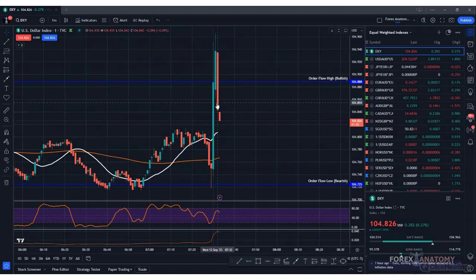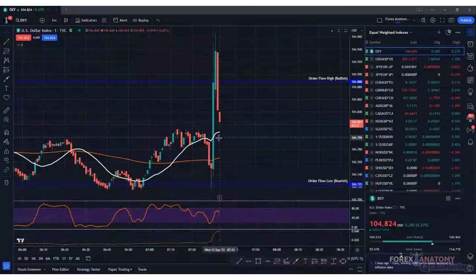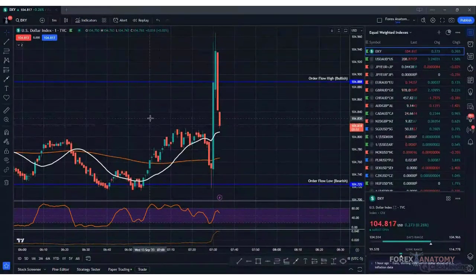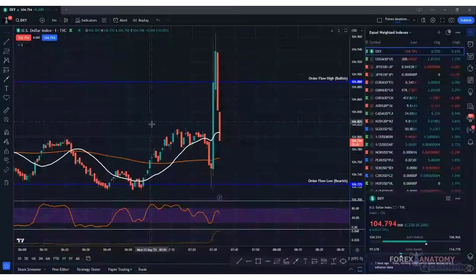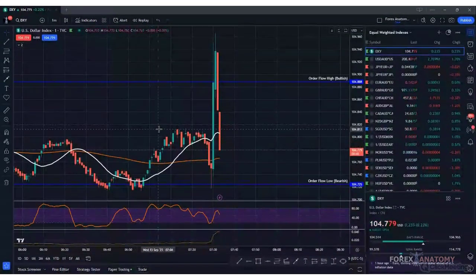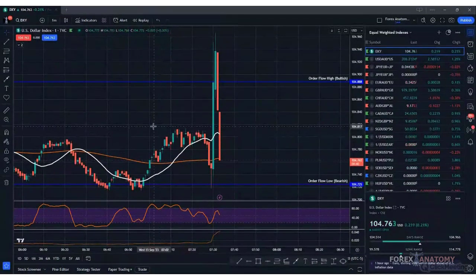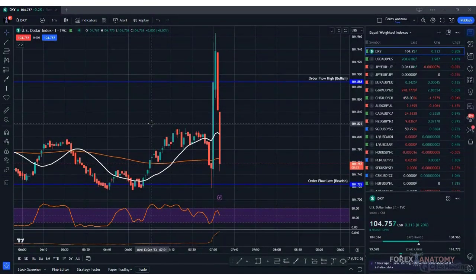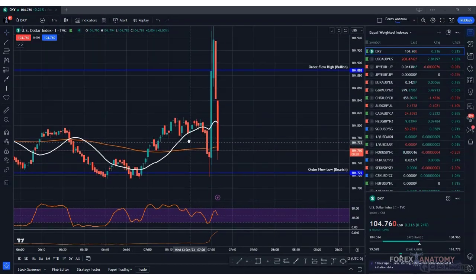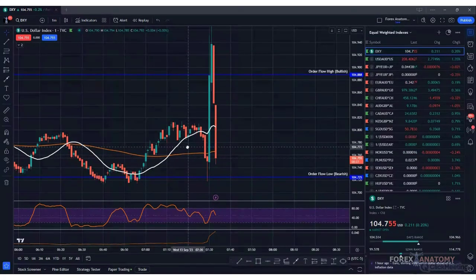So we see this knee-jerk response to the upside, and it seems as if right now it wants to reverse and possibly retrace most of this move, because even though it did overshoot the forecast, and the headline figure came in at 3.7%, it's only 10 basis points higher than 3.6% inflation. It's only 0.1% higher. So that's not too much of a variance. So this could possibly be a non-event where we saw this volatility kick in.